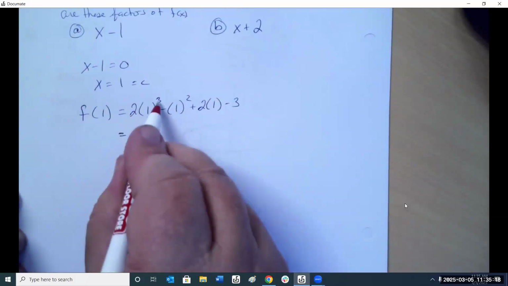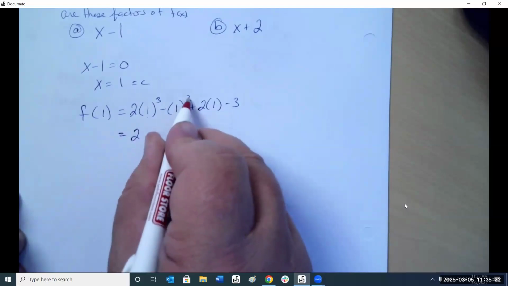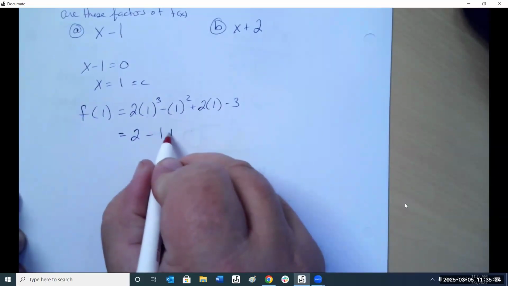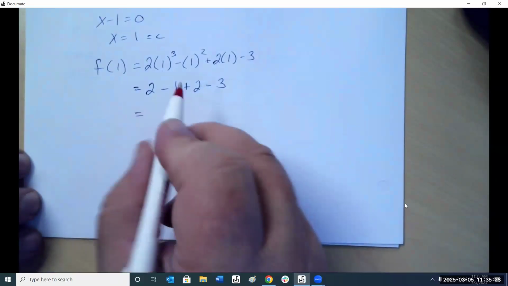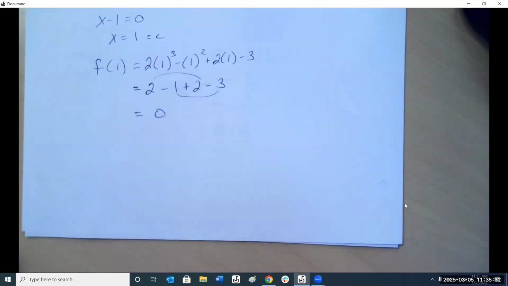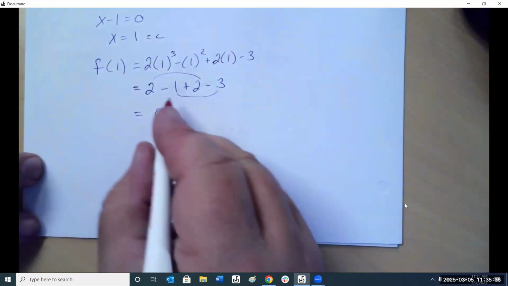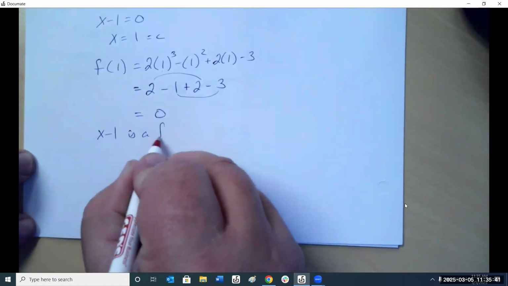So we have 1 cubed is 1. 1 times 2 is 2. 1 squared is 1, plus 2, minus 3. So 2 plus 2 is 4, minus 3, minus 1, so this is 0. All that tells us is that x minus 1 is a factor.